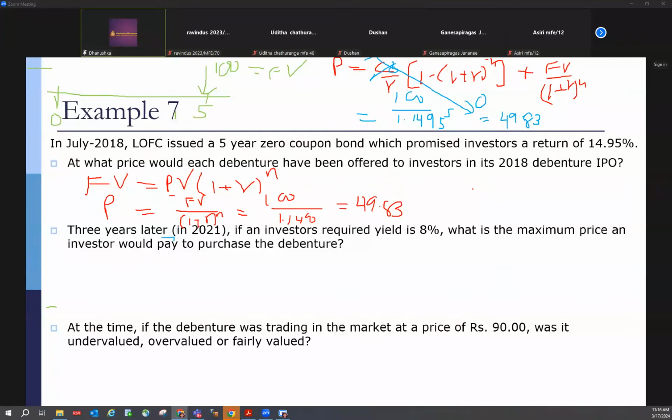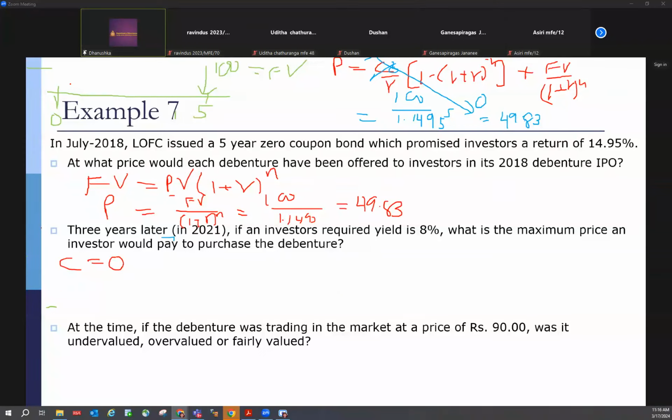Okay, so now 3 years later. 3 years later, correct, you're incorrect. What are the things that we do know? Coupon is zero. Zero coupon bond.